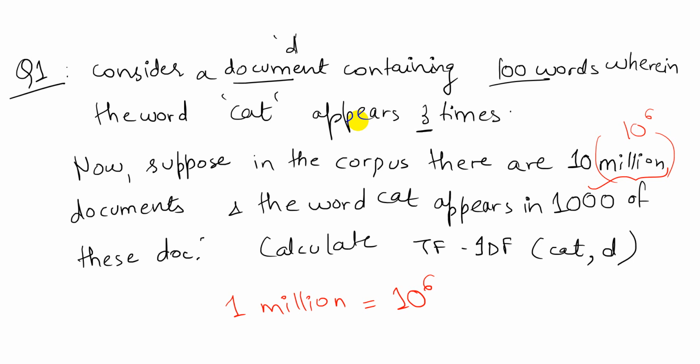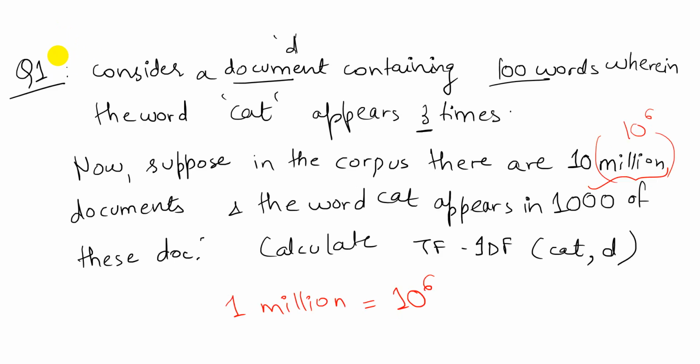So, the question says the word cat appears 3 times, right? And how many words are there in the document? 100.